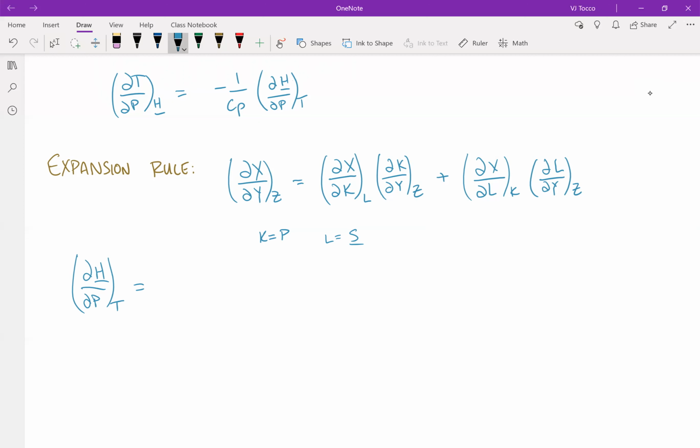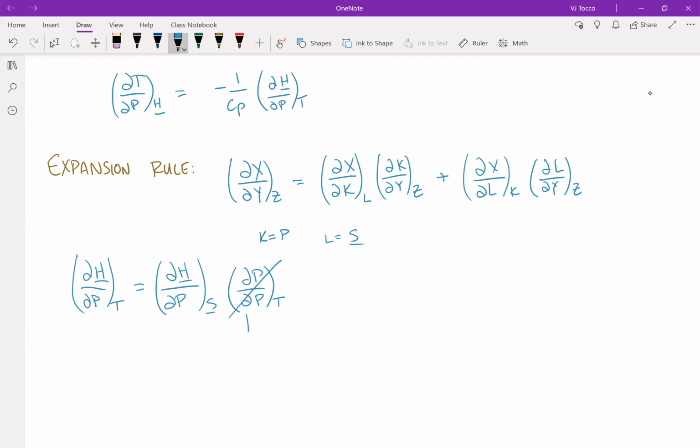So I'm just going to use this expansion rule and say, with k as P, dH dP at constant S times dP dP at constant T. And that's not a typo, dP dP. The change in P with a corresponding change in P will always be 1.